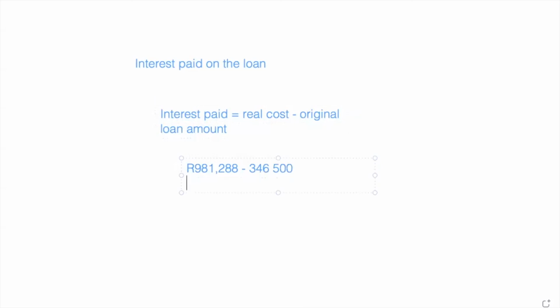So the interest paid over the life of the loan is 981,288 minus 346,500, which is 634,788 rand. That's the amount of interest you've paid at the end of the life of the loan.